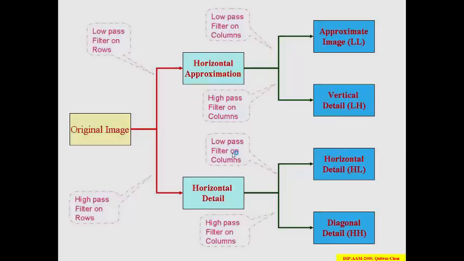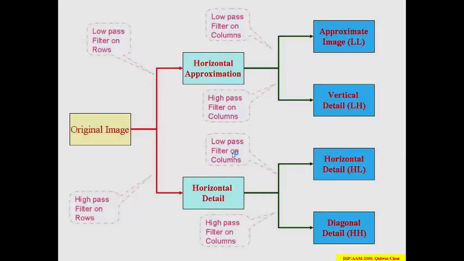The output of the low-pass filter is called horizontal approximation, and the output of the high-pass filter is called horizontal detail. This horizontal detail gives you where in the image you have high-frequency components, but in the horizontal direction.